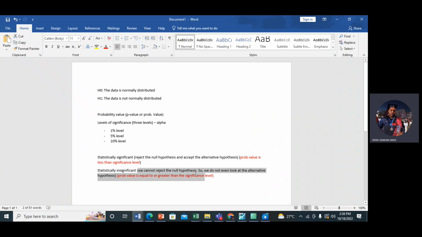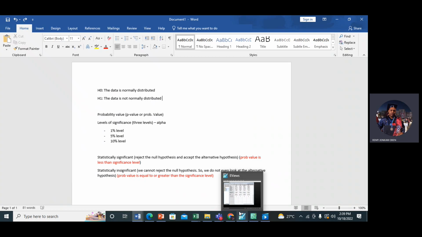Therefore, we cannot reject the null hypothesis. So we are concluding that for both the CPI and the population growth, just like with the GDP, the data are normally distributed. That is fine.